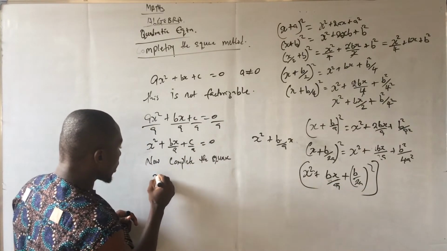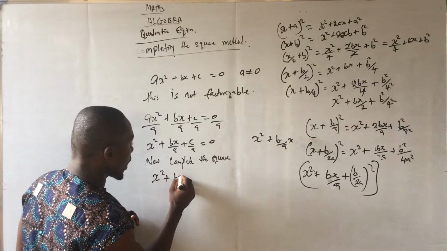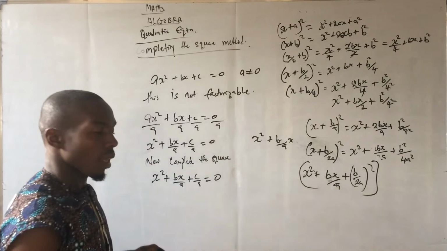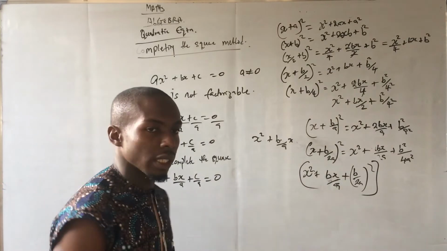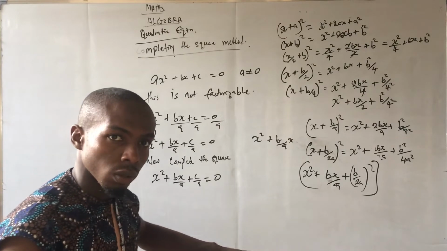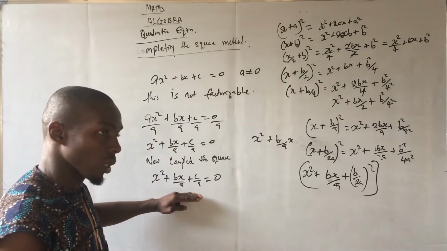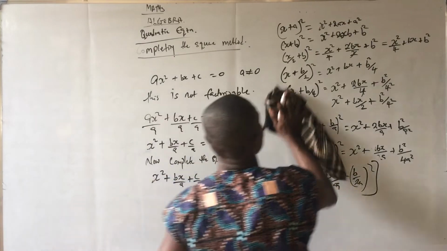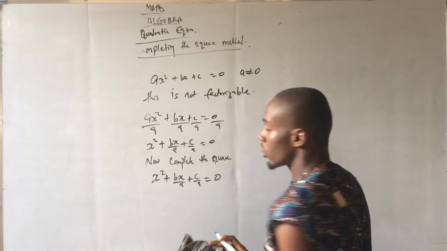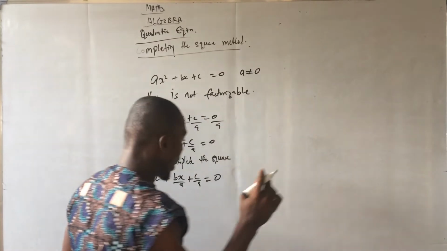So we can now say that x squared plus bx over a plus c over a is equal to 0. I'm going to explain this in two ways. It is either you add 0 to this, or you do it the other way. The first way I'm going to do it is by adding 0.